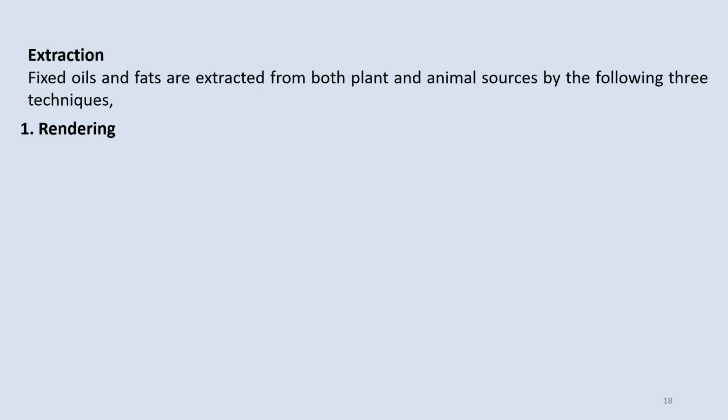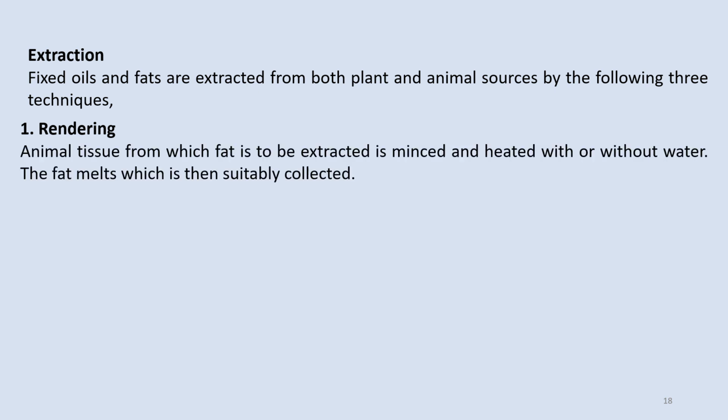One is rendering. Rendering means animal tissues from which fat is to be extracted are minced and heated with or without water. The fat melts, which is then suitably collected.